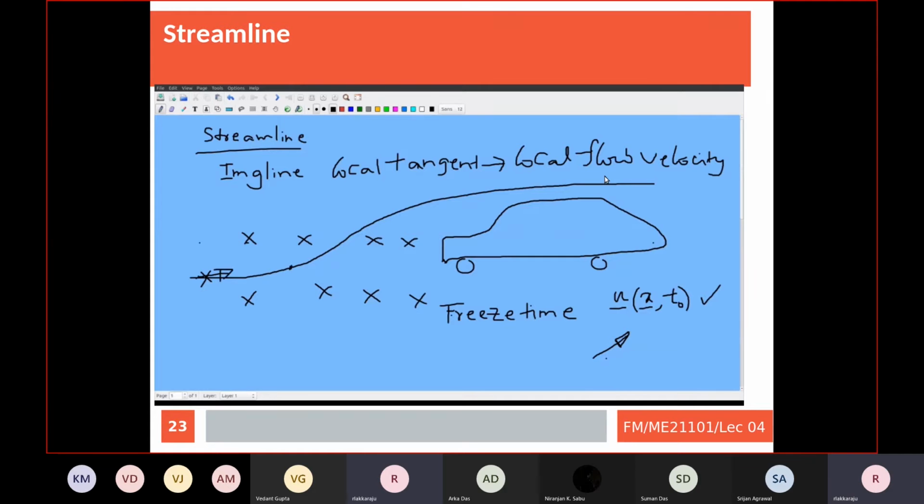On that curve, the tangent of that curve represents the local velocity. That is the tangent. Now for this curve, if you measure what is the tangent there, the local velocity will be given. So this vector is u at a given x location and time t.